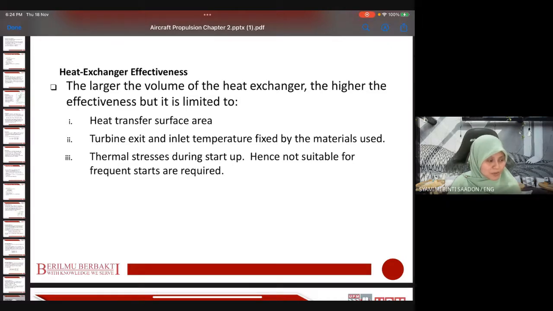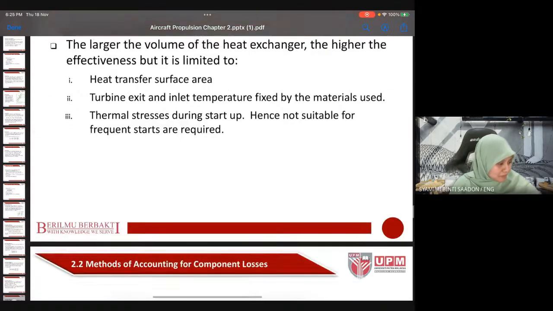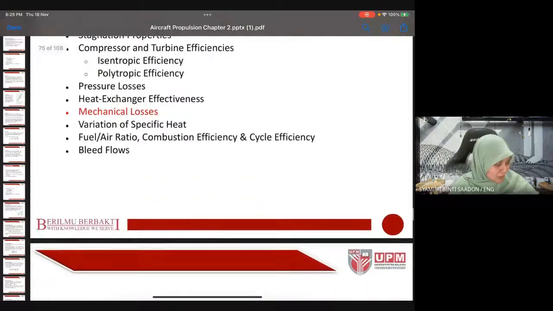Okay, so this is part of the heat exchanger effectiveness. And then other factors are mechanical loss.